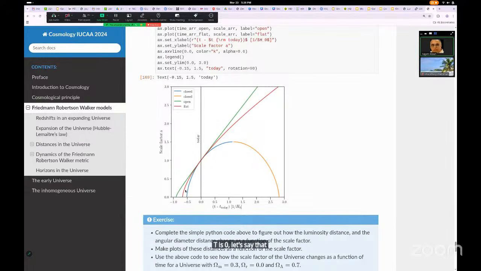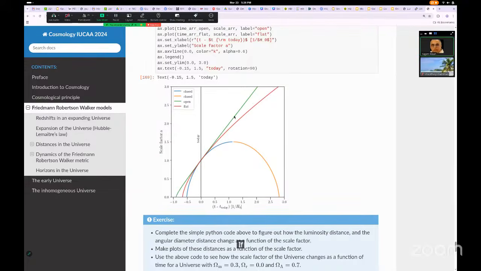You go in the negative, that is earlier times. You go in the future, that is positive times. Then what you see is that if you are in a flat universe, you will keep on growing, and asymptotically the scale factor becomes flat. It will reach some kind of a maximum value at infinity.